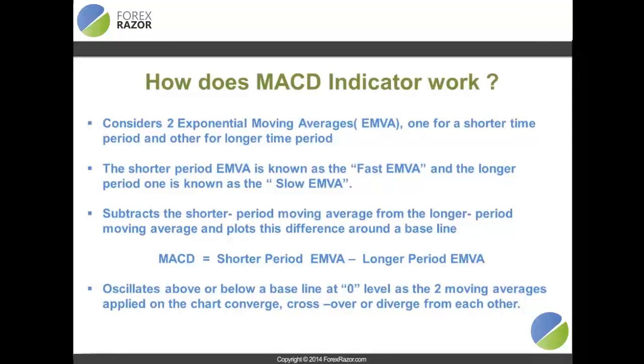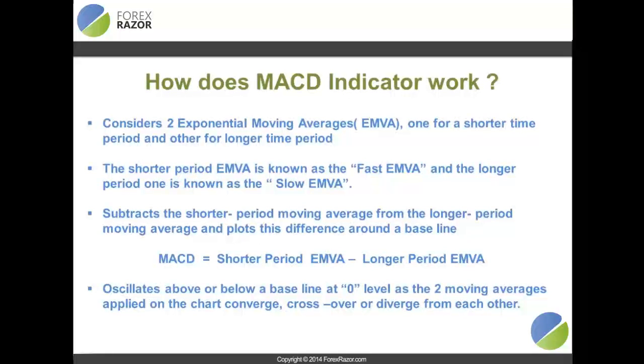The shorter time period exponential moving average is known as the fast EMA or the fast moving average, and the longer period one is known as the slow moving average or the slow EMA. This is because the shorter period EMA is able to reflect the change in price moves quicker as compared to a longer period moving average.